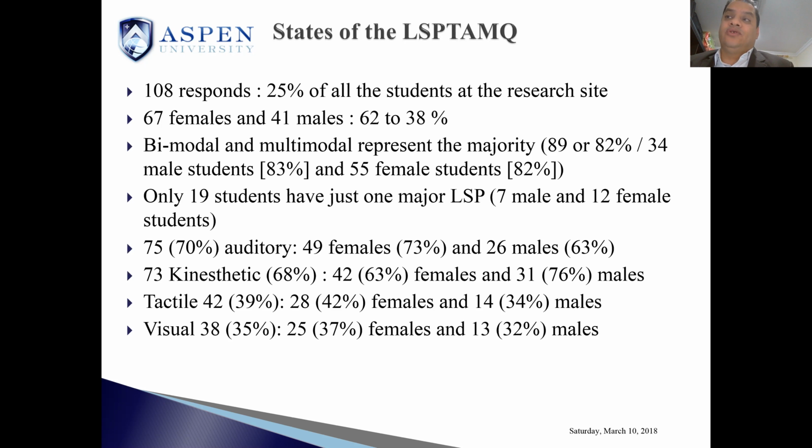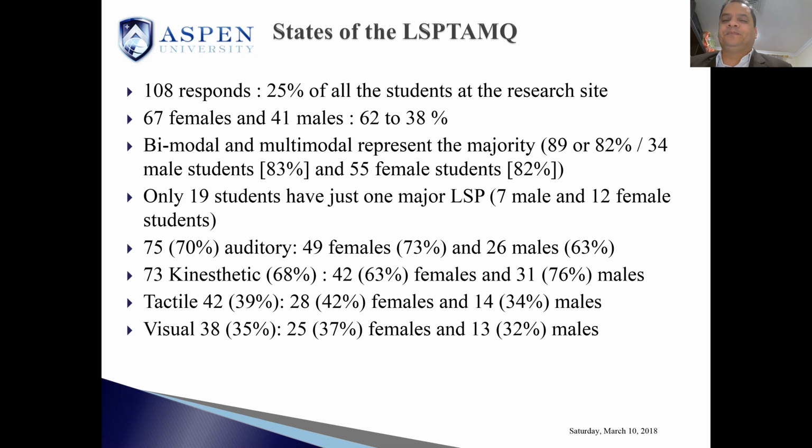So gender does not play a significant role regarding bimodality, trimodality, or multimodality in the perceptual learning style preferences. Only 19 students out of the 108 have just one major learning style preference, 7 male students and 12 female students.